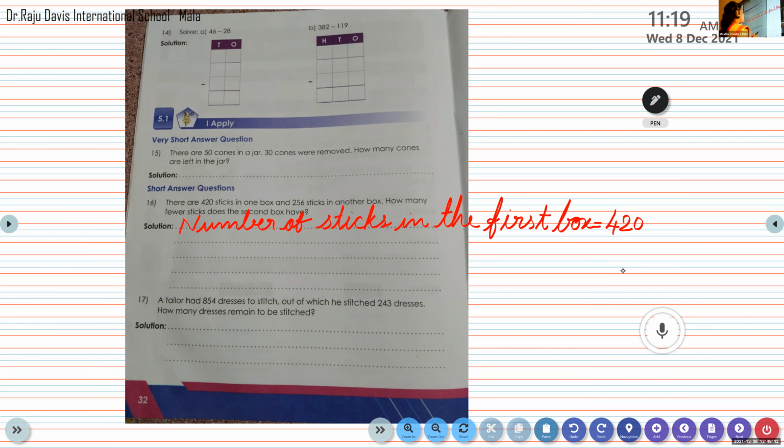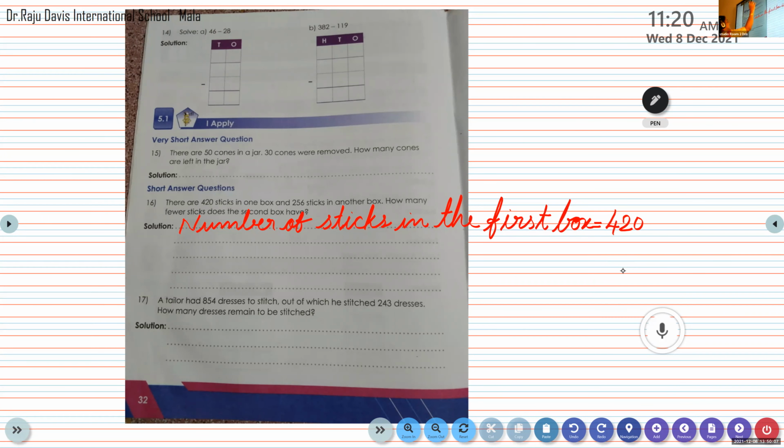Ishan Krishna, unmute. Yes, ma'am. Can you please tell me the second step here? Number of sticks in the second box. Yes, very good.